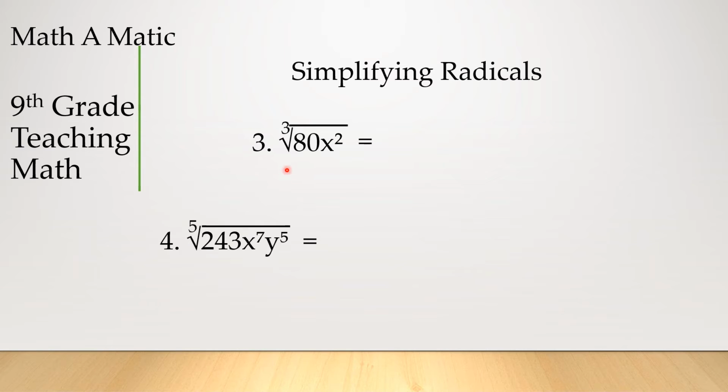So now I have here the cube root of 80x squared. If you're going to use prime factorization for 80, we know that 80 is 8 times 10. And for 8, we know already that 8 is a perfect cube. But let's say we need to have all the factors be prime numbers. 4 is not yet a prime, so that is 2 times 2.